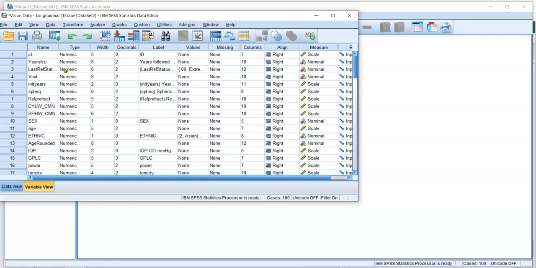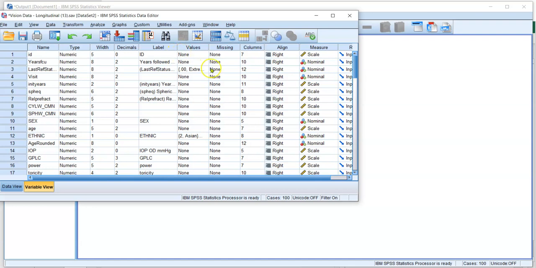So there are 15 questions in this workshop. Number 1, select the data where init years equals 0. Now, the vision data set basically comes from the CLEAR study, and there are myopes and hyperopes and emmetropes and so forth.